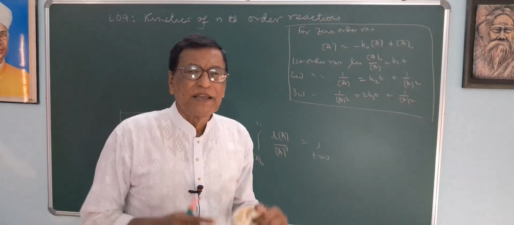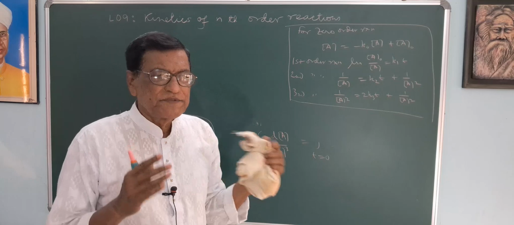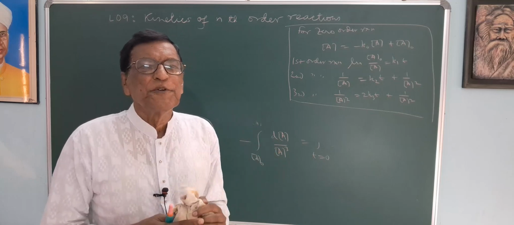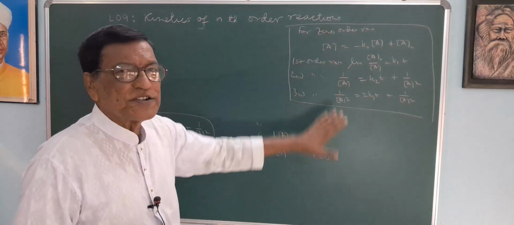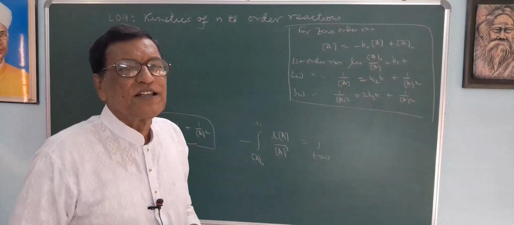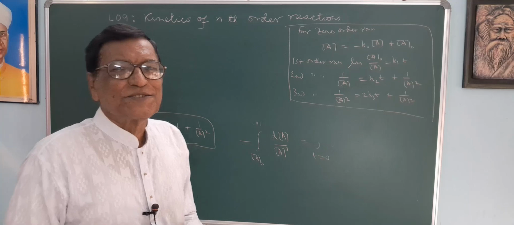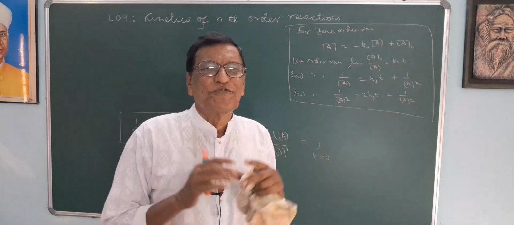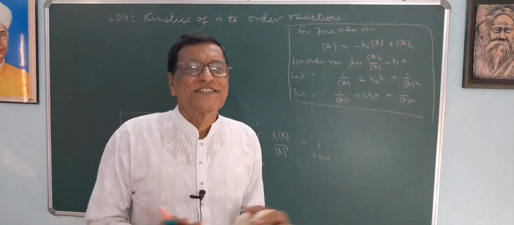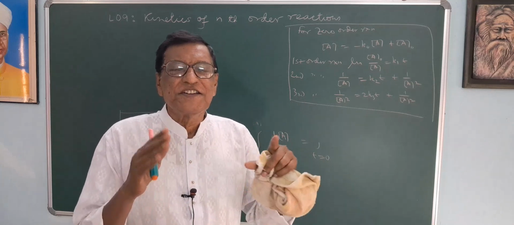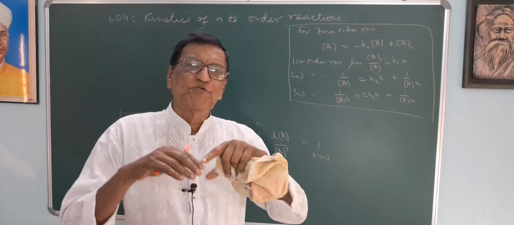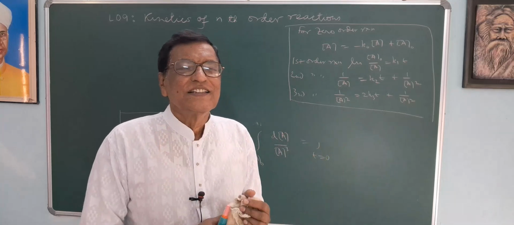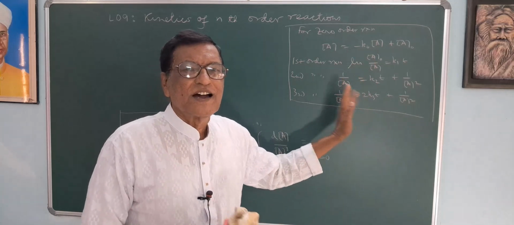But sometimes it becomes difficult to keep in memory all the rate equations for the individual orders of reactions. So we would like to find one generalized integrated rate equation from which we can easily find the zero order, second order and third order.